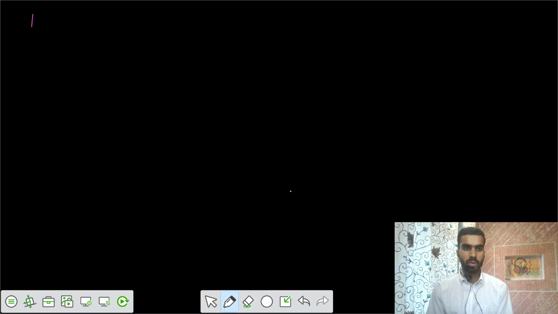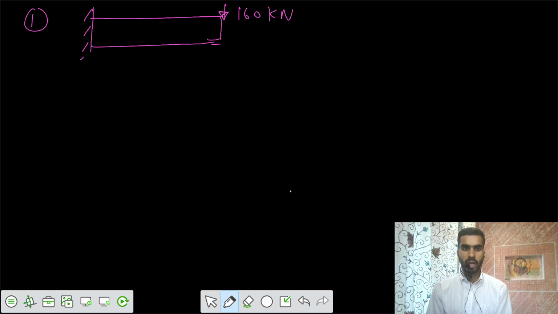Let's have the first problem. You have this cantilever beam subjected to a point load at the free end, 160 kilonewton, and you take a section at 375 millimeter from the free end.